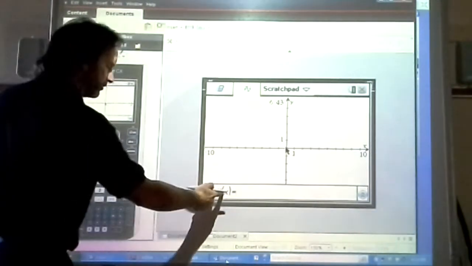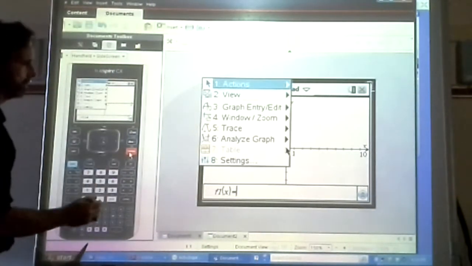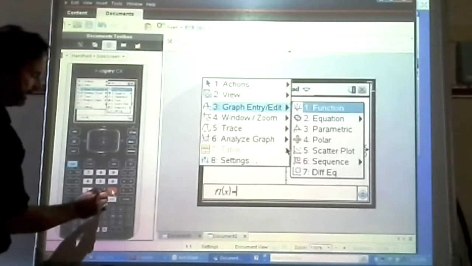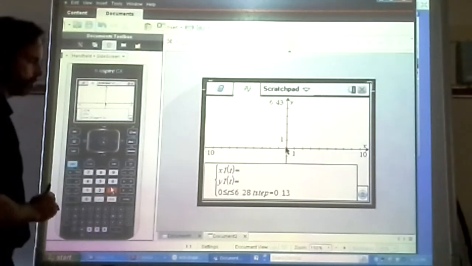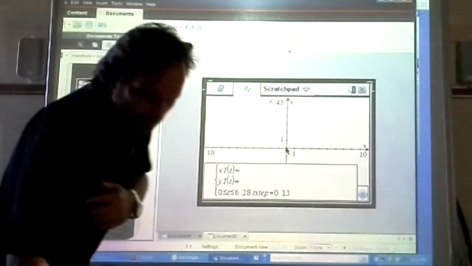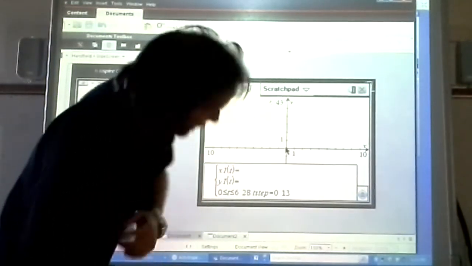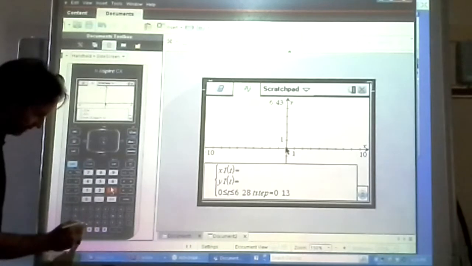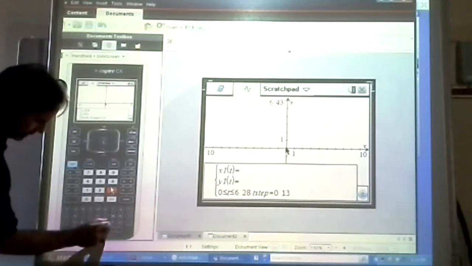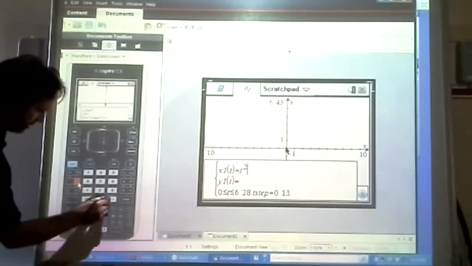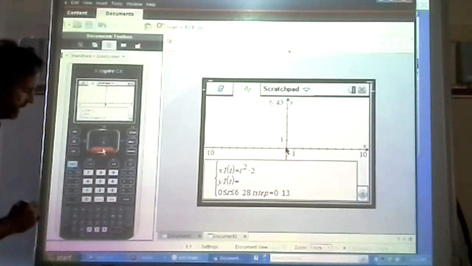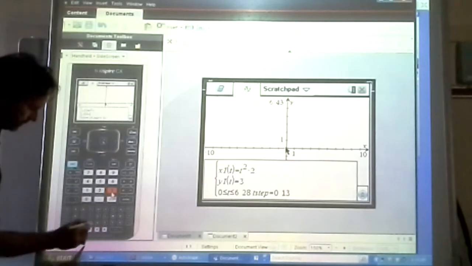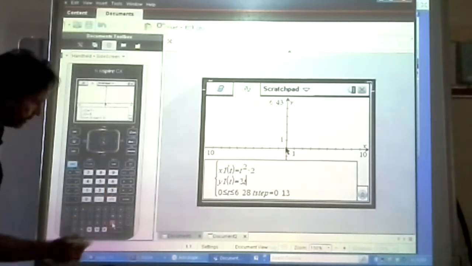Right now it's in function, so menu, 3, and parametric is 3. And x was t squared minus 2, and remember you've got to put in t with parametric. And 3t was my y.